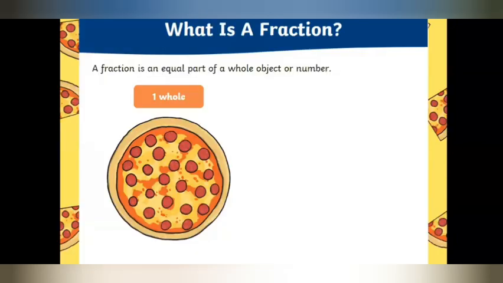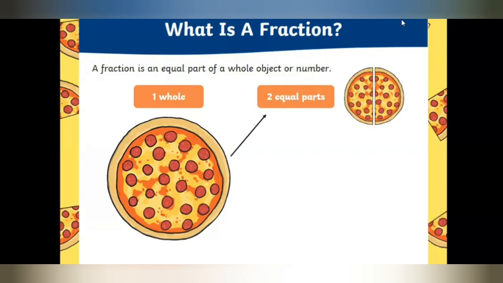A fraction is an equal part of a whole object or a number. Okay, so what is a fraction? It expresses an equal amount of a whole object or a number.